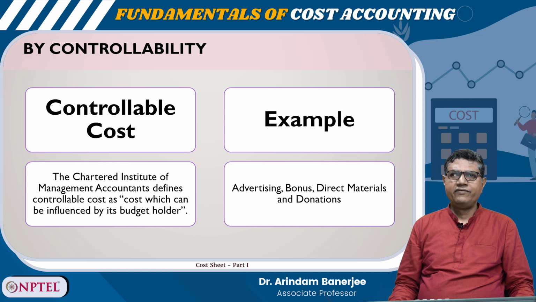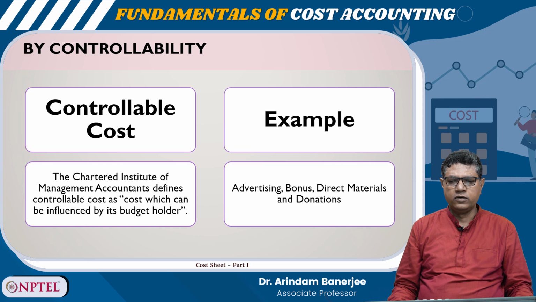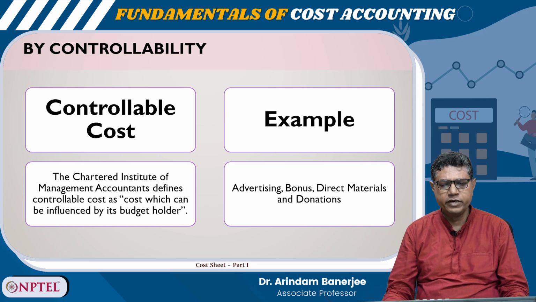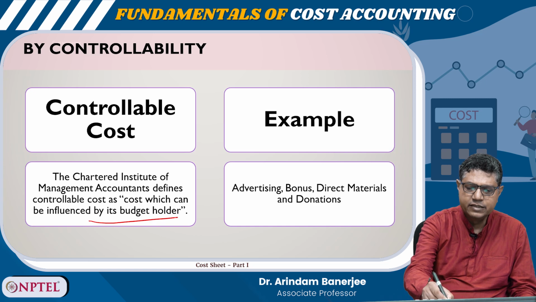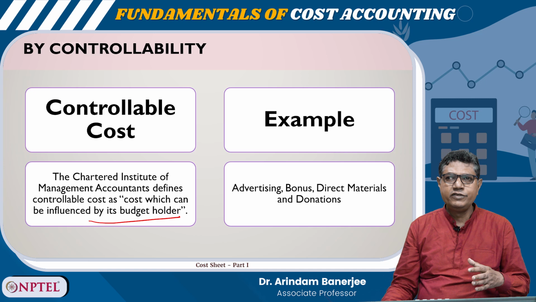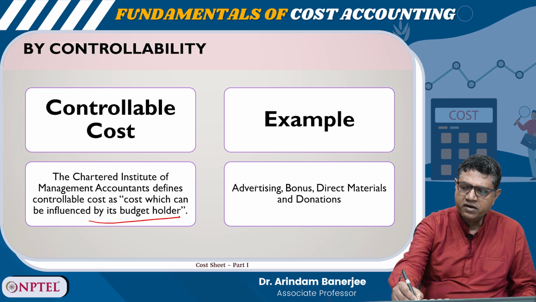Another way of classifying is controllable cost and uncontrollable cost. So, what is the definition of controllable cost? According to CIMA, it is the cost which can be influenced by its budget holder. Any cost which is discretionary we can say is a controllable cost, for example, advertising.